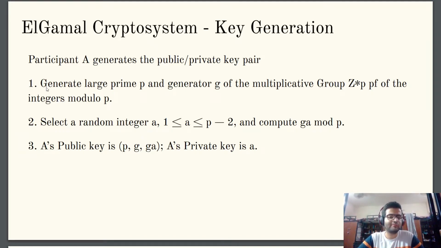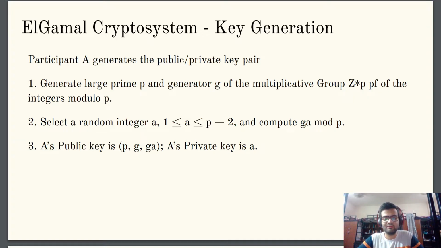How that happens is A will generate a large prime number P and a generator G of the multiplicative group Z_P* of integers modulo P. After this, he will select an integer a such that a lies between 1 and P minus 2. P came from the large prime number, so a is any number between 1 and P minus 2.